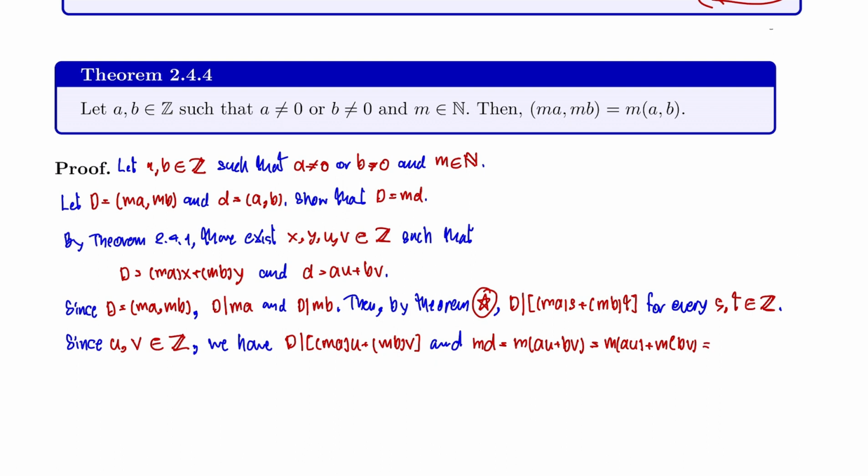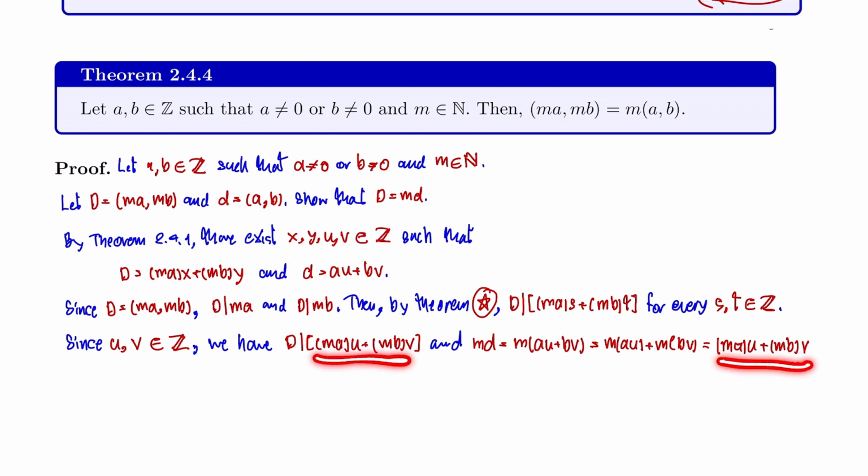Then I have to use associativity. So we have MAU plus MBV. What does this mean? That means that your MD is this term.